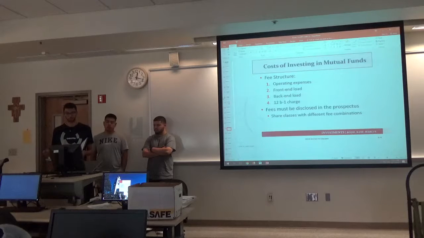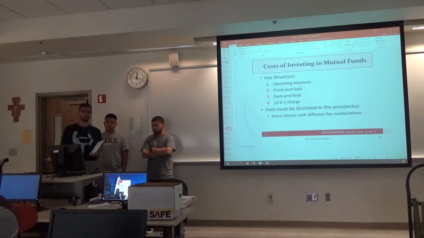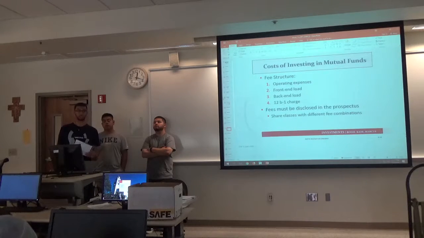Fee structures vary. Operating expenses, also known as your expense ratio, cover the administrative fees which you pay when you own your fund. A front-end load is the fee to buy into a fund, and a back-end load is the fee to exit, like an exit fee.